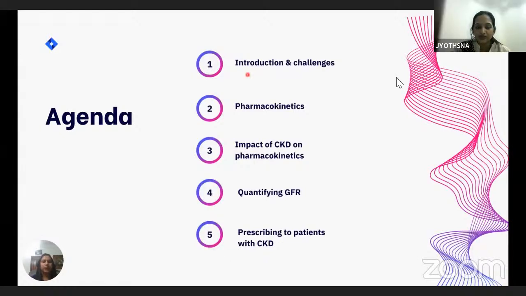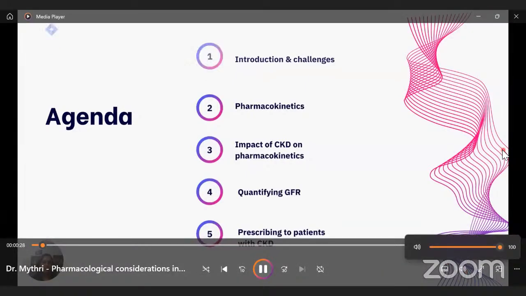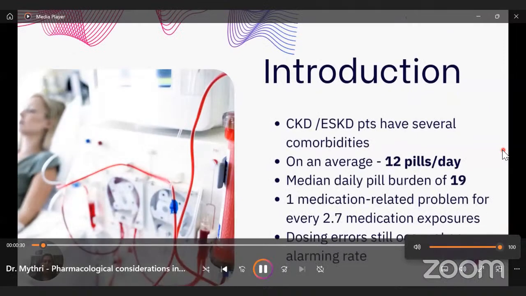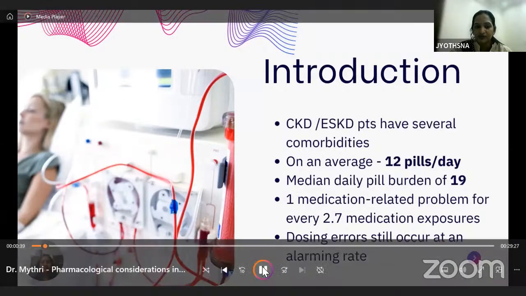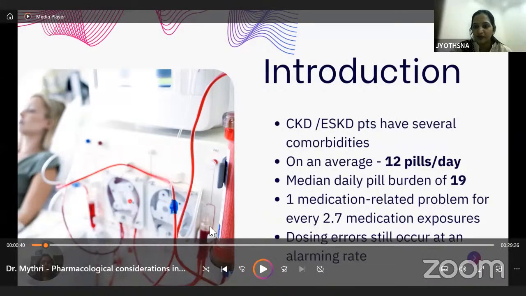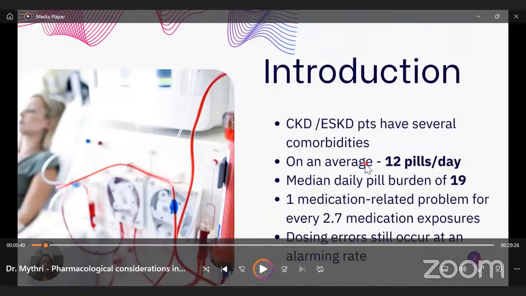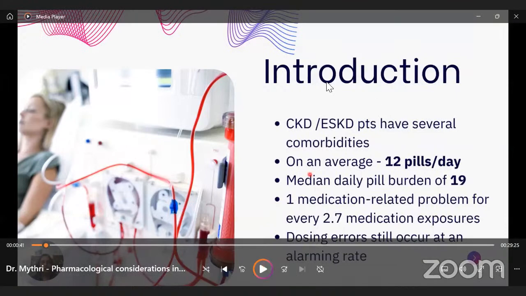Dr. Maitri, there's some issue with the audio. We are not able to hear. The volume is quite low. Can you try increasing the volume in your systems? If not, then I will present it. I think I'll only present it. Yeah, if you can do that, it would be very nice.